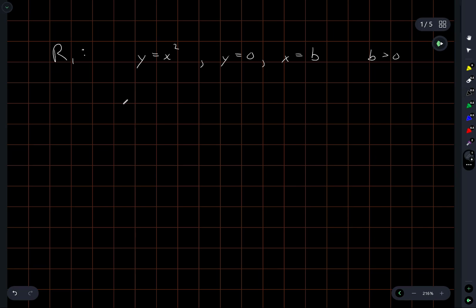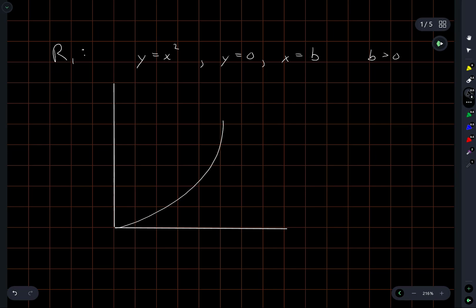Okay, so region 1 is given in terms of the area enclosed by three curves, where b is greater than 0. If we draw what this looks like, we have y equals x squared, y equals 0, which is this axis, and x equals b, which is just a vertical line.